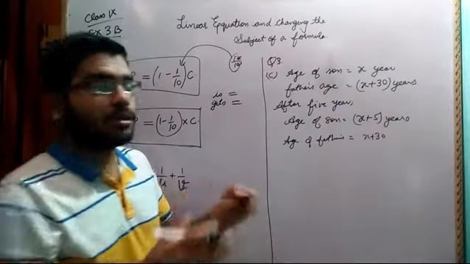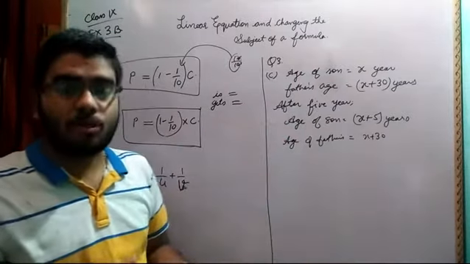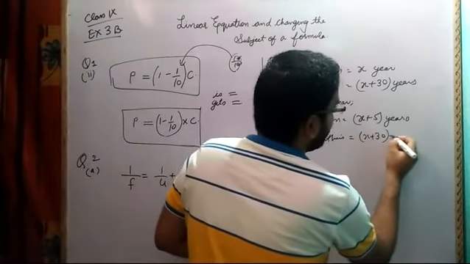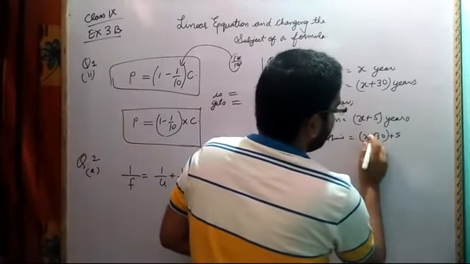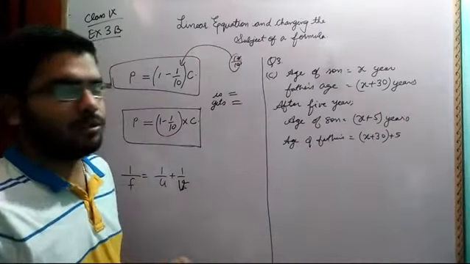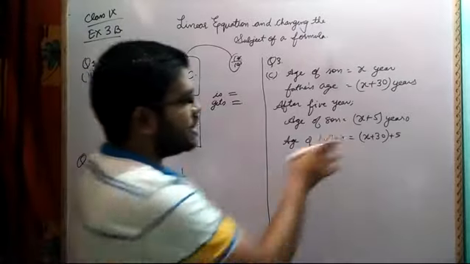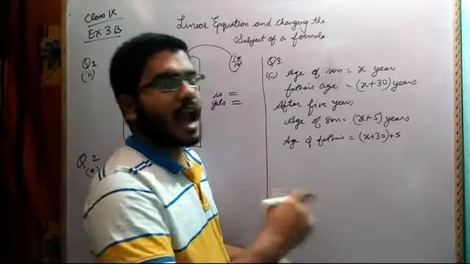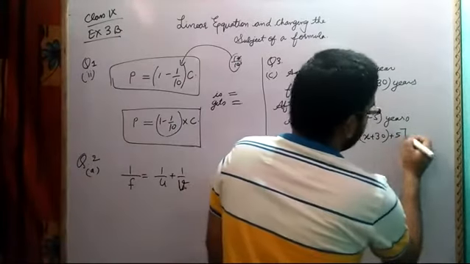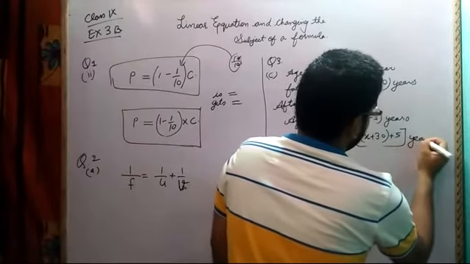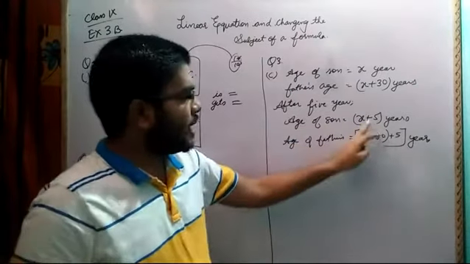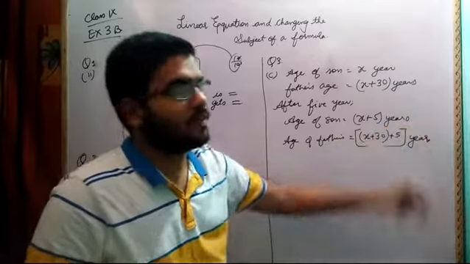After 5 years, both the son as well as the father will grow by 5 years. That is why we have to add 5 here also. Now if we want, we can simplify this, but right now they are not asking you to solve the values. They are asking you to frame the equations. So step by step, whatever they say, we just put the values and substitute. Now after 5 years, their ages have become x plus 5 and x plus 30 plus 5 years.